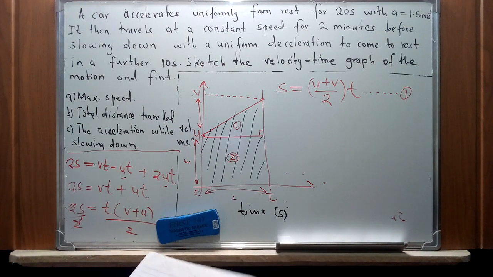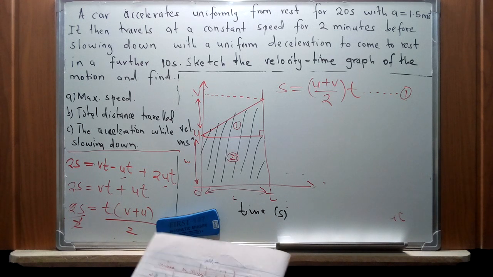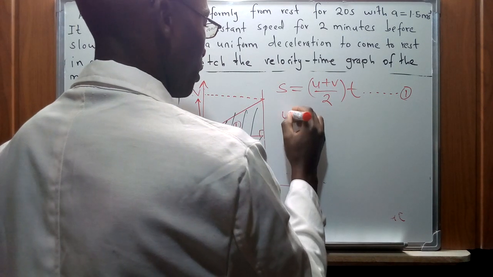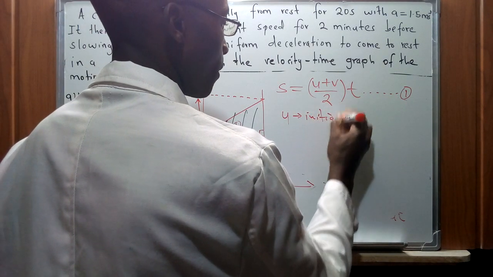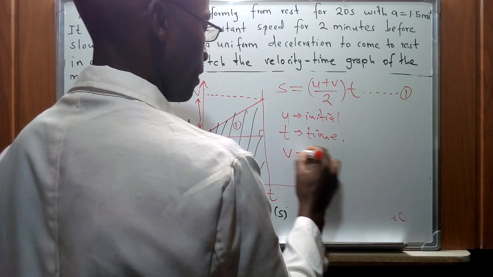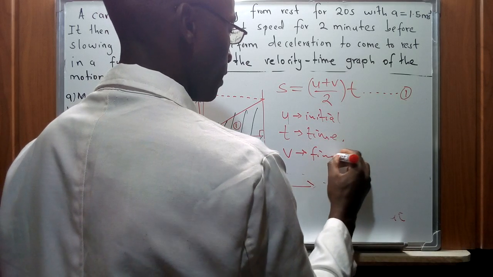So from that equation, we can find, so we said from the velocity time graph, the gradient represents acceleration, so we can use the information that is provided, which is the initial velocity, u, and the final velocity, v, and time, t.